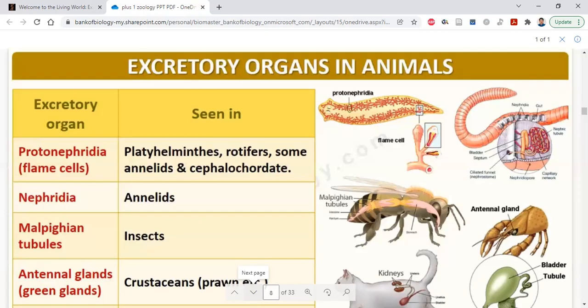They are uricotelic and release xanthine and guanine in small amounts. In phylum Mollusca, kidney-like organs such as Keber's organ and renal organs excrete waste, for example in Unio and Pila.